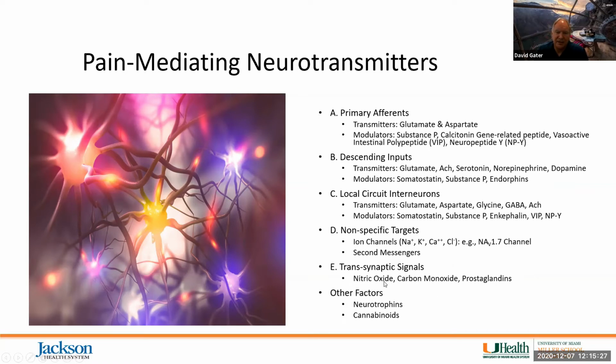Transsynaptic signals, including nitric oxide, carbon monoxide, and prostaglandins. You recognize the importance of trying to keep these in check to minimize the perception of painful stimuli, and then other factors that we'll just talk about briefly towards the end of this talk, the neurotrophins and the cannabinoids.